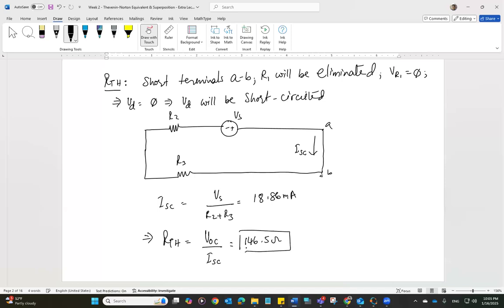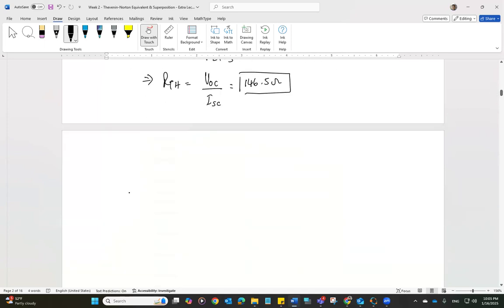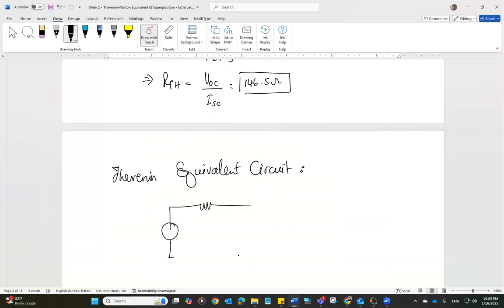That's my Thevenin equivalent resistance. So this will result in a Thevenin circuit with V Thevenin and R Thevenin. So this is our Thevenin circuit.